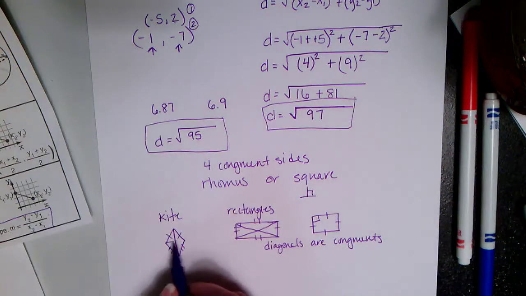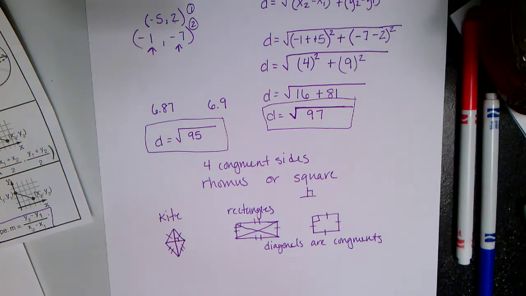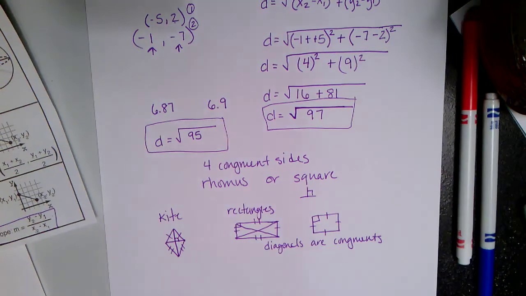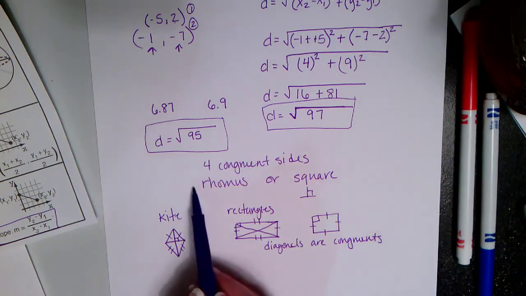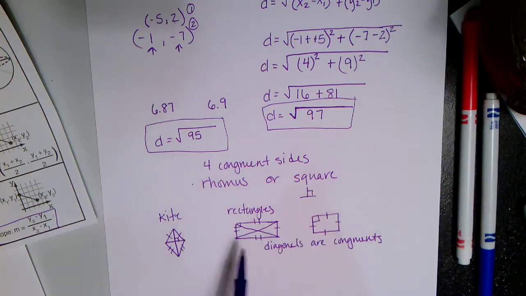Our kites are going to intersect at a 90-degree angle. And for trapezoids, if it's an isosceles trapezoid, it's going to have a diagonal that's congruent, but otherwise it would have a mid-segment that's parallel to the other two, but that's going a little above and beyond. So rhombus, square, rectangles, and parallelograms will all have diagonals that are congruent.